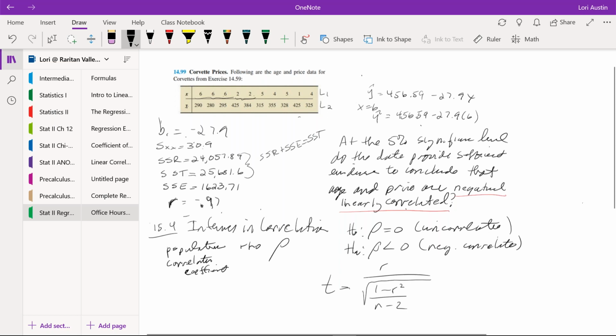So we only need that one variable, which is the sample correlation coefficient, which we found last week to be negative 0.97. So you can go ahead and plug in that negative 0.97.